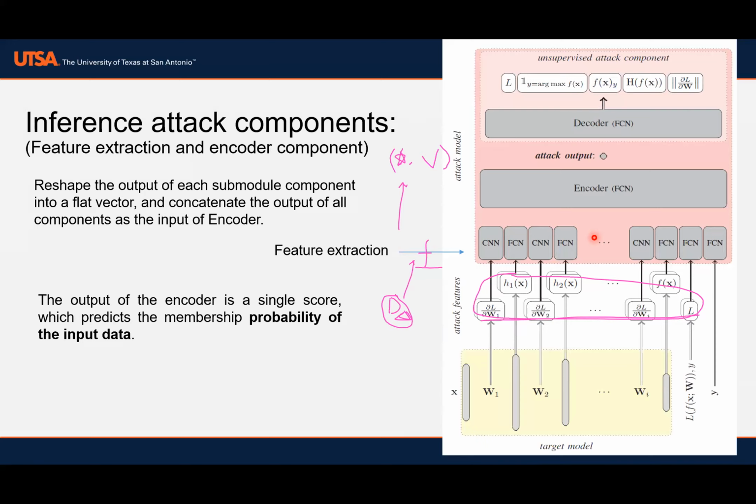And then later, you say that if some samples belong to D, you have one pattern for those kinds of gradient. If they don't belong to D, you have another pattern.